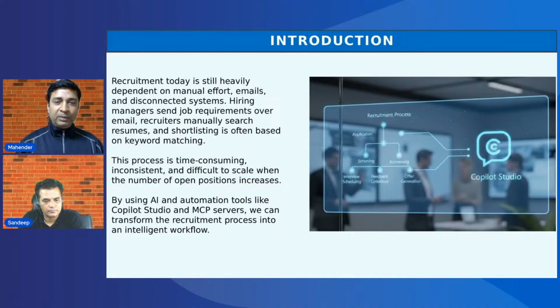Normally they look for a keyword, maybe .NET resources, Copilot resources, Power Platform resources, Dynamics 365 resources. Depending on the key search, they go to their database and extract the resources that they can share with this company.